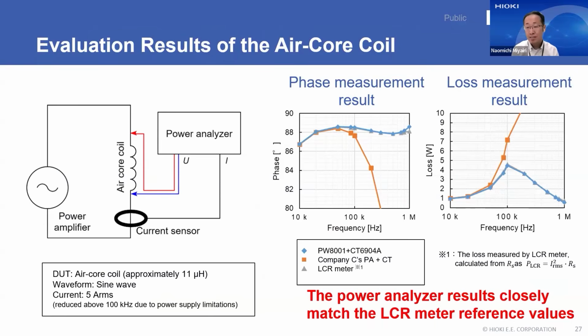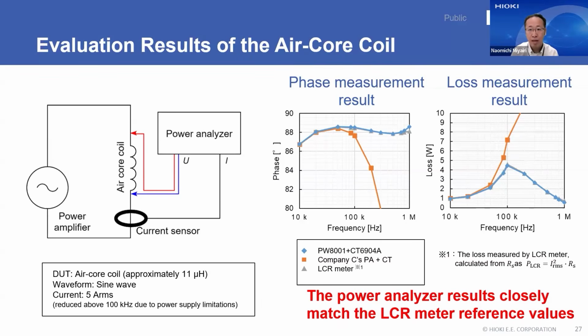Okay, now let's see how these principles translate into actual results. First, here's a comparison using air core coil. So air core coils don't have a magnetic core, right? So they don't exhibit level dependence, which means that LCR meter results can serve as a reliable reference for evaluating measurement accuracy.